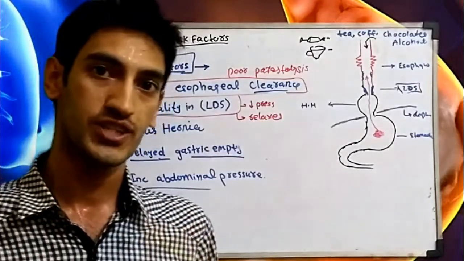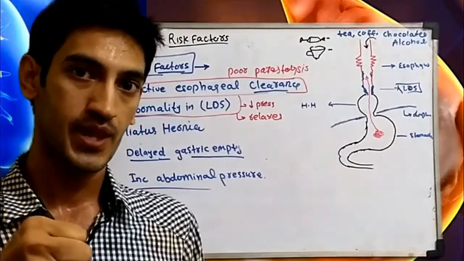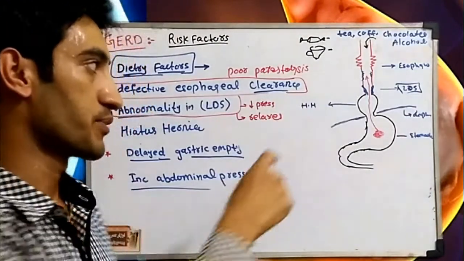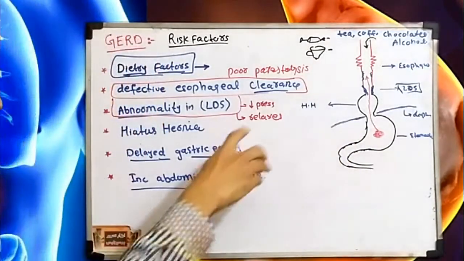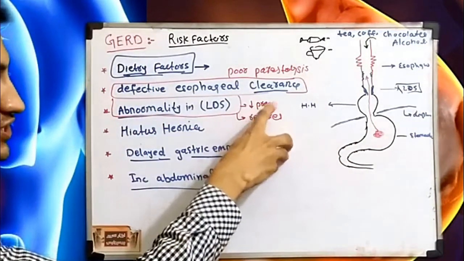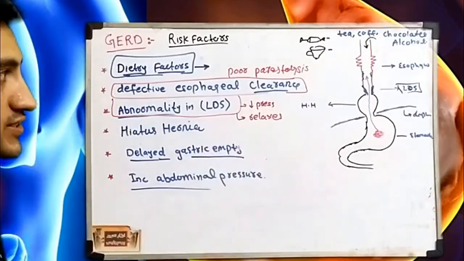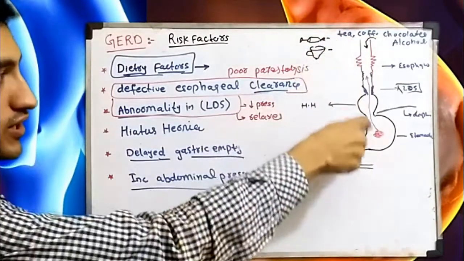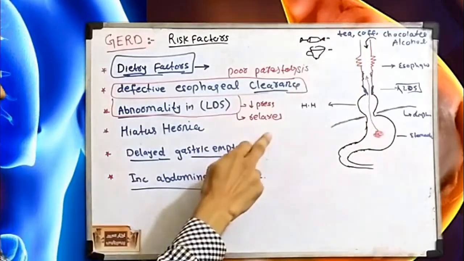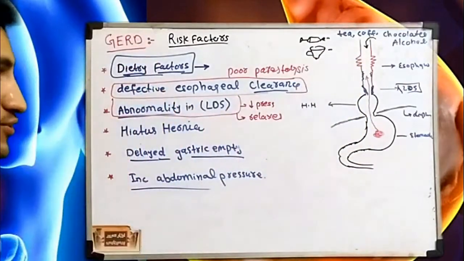Normally the lower esophageal sphincter is contracted and it prevents the backflow of contents into the esophagus. But whenever there is a problem, whenever there is decreased pressure or whenever it relaxes, the contents can easily flow back to the esophagus and will cause gastroesophageal reflux disease.